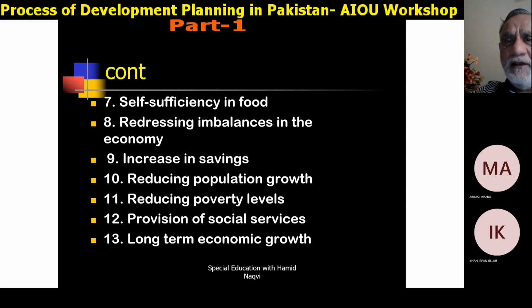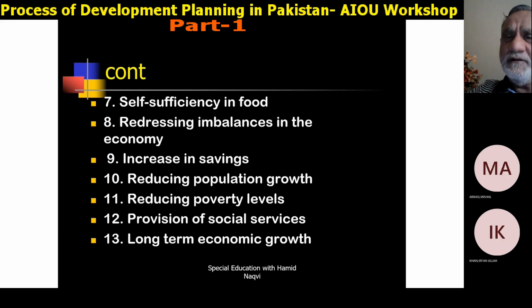For instance, we have to balance between wheat and cotton growing. So if we let people grow cotton because that's more profitable, and less areas are available for cultivation of wheat, what would happen? Then we'll run short of food items. The important food item is wheat.